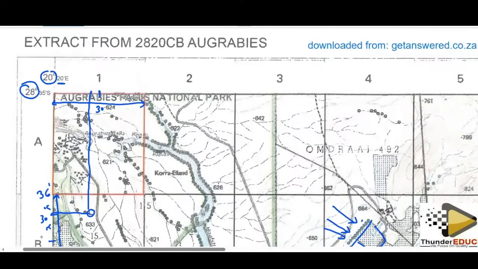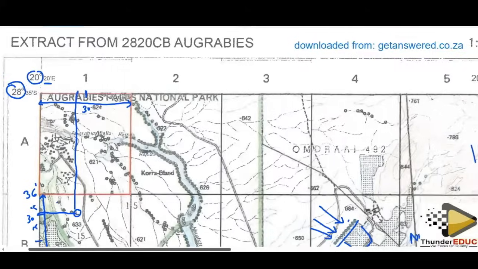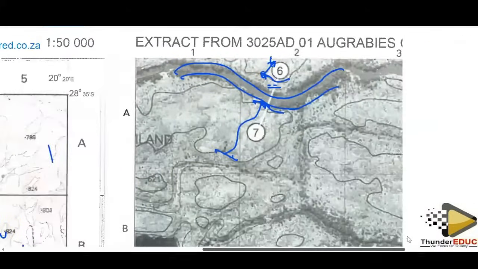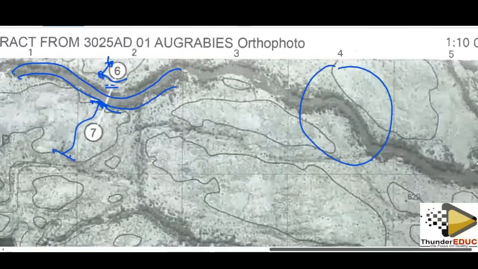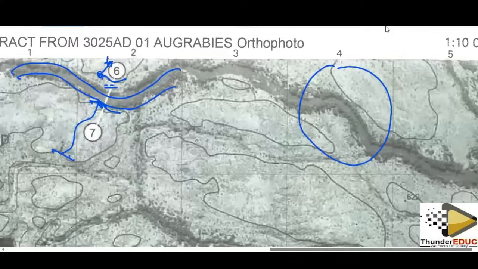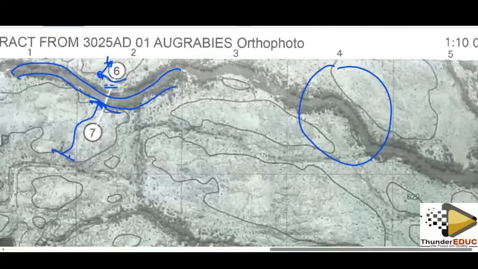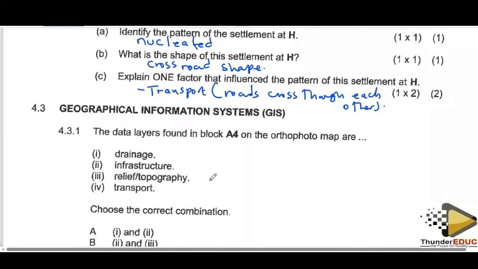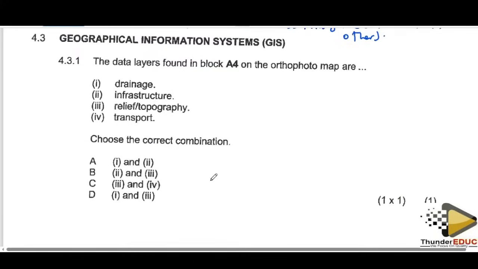So we have different layers of information in block F4. Data layers found in block F4 on the orthophoto map. Talk about drainage. Those are rivers.